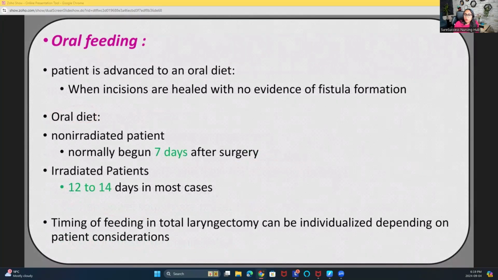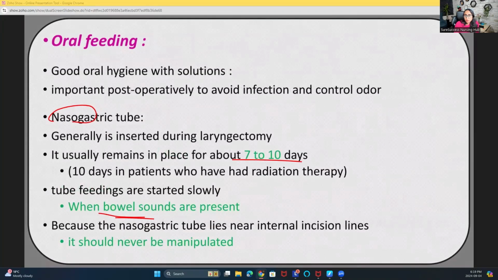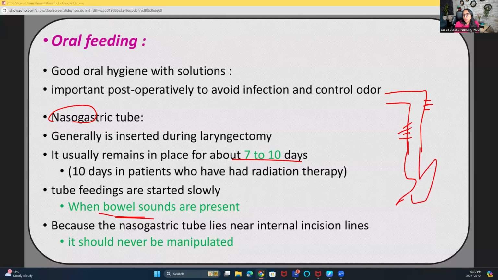Another thing, student, I wanted to tell you is, for example, you have the sutures at this place, or you had the tonsillectomy, you have the sutures here, or you have the bowel resection surgery, you have the sutures over here.